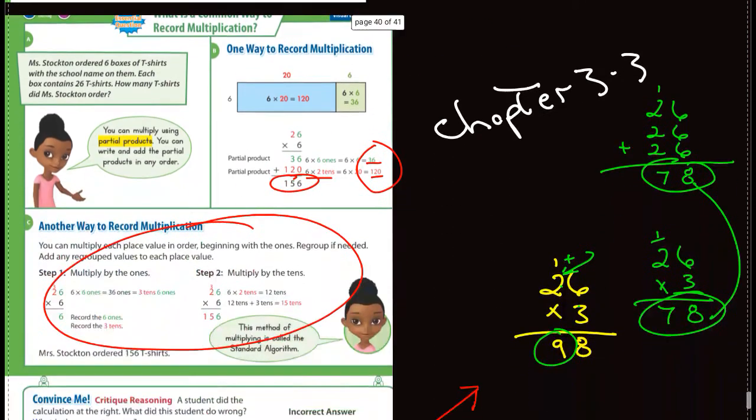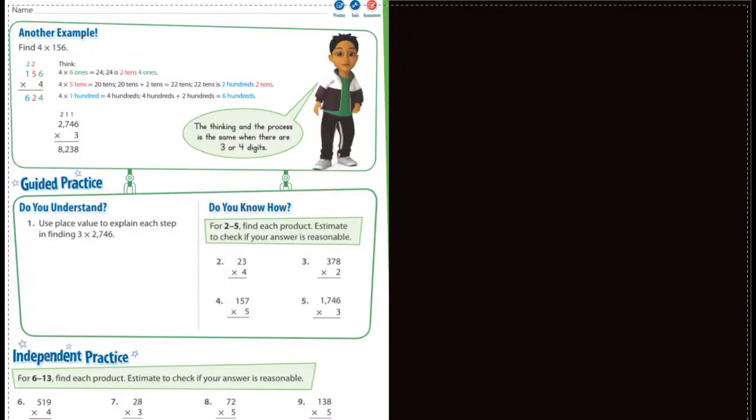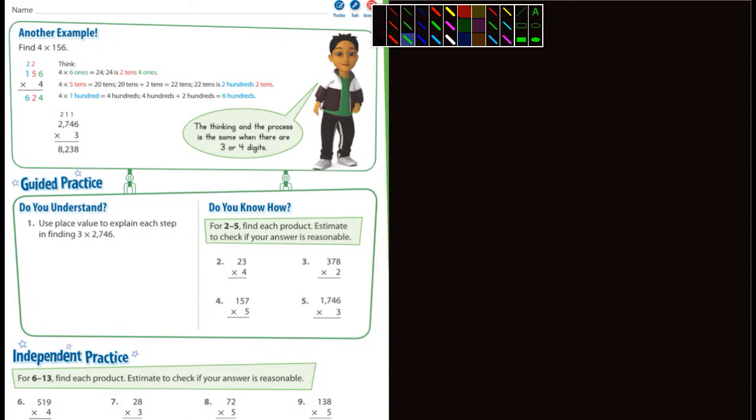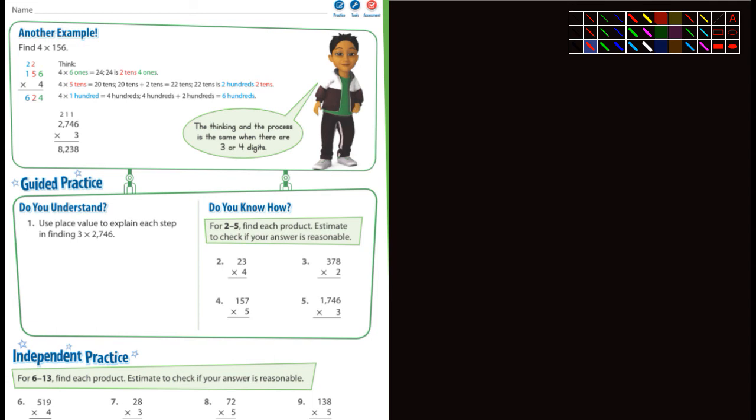Next page. Another example they give. Find 4 times 156. So they did 4 times 6, which is 24. They carried the 2. They put down the 4, and they carried the 2, as you can see there.